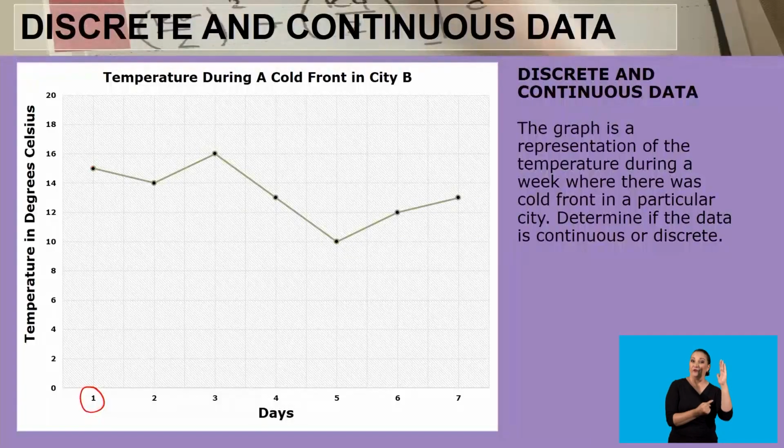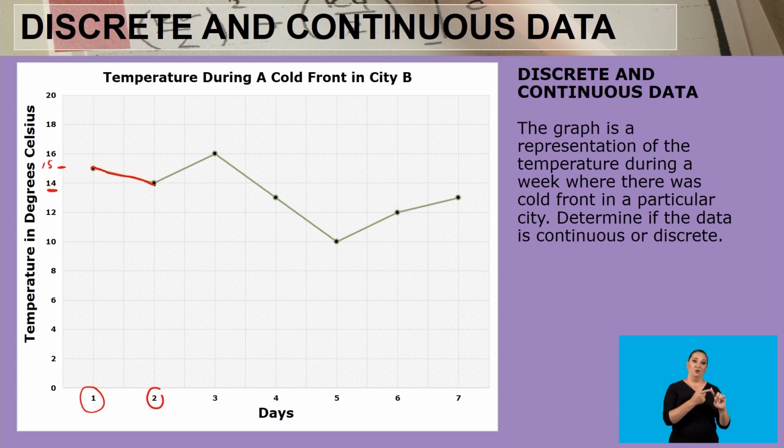We can see that on the first day, the temperature was at about 15 degrees Celsius. Now, as we can see, it was at about 15 degrees Celsius, but when it went to the second day, it dropped to 14 degrees. But let's look at what happened between the first day and the second day.